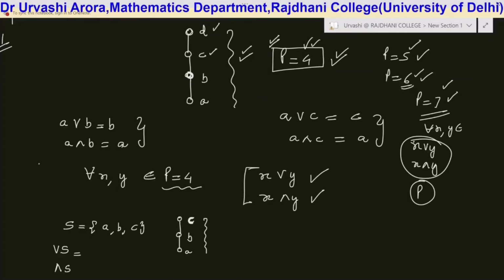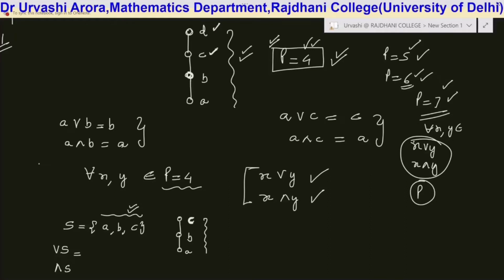D is also one such element such that all the 3 elements A, B and C are lesser than D. So C and D both act like upper bounds for the set S, which is A, B, C.